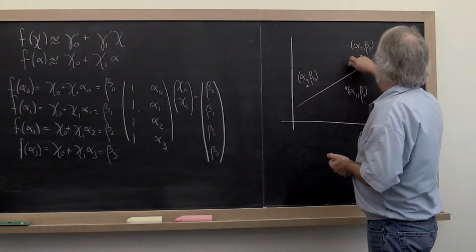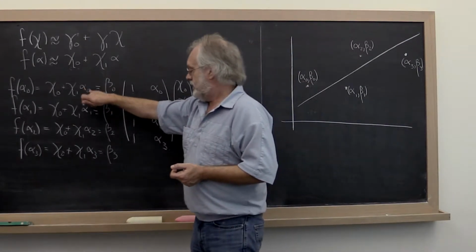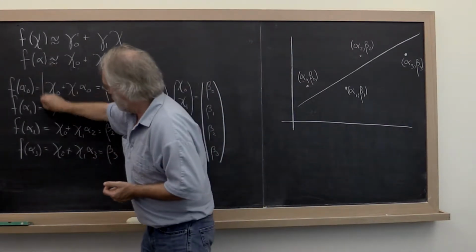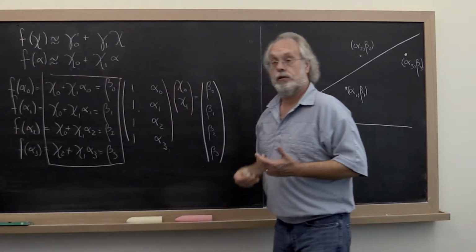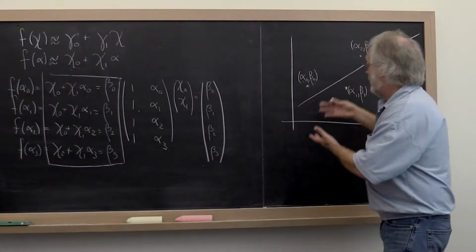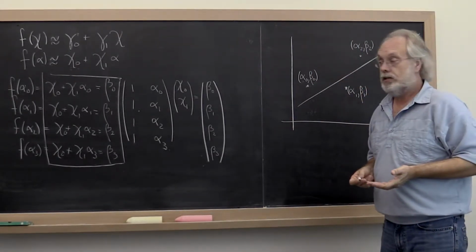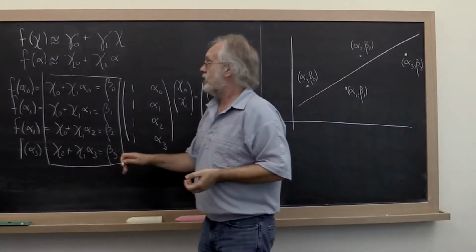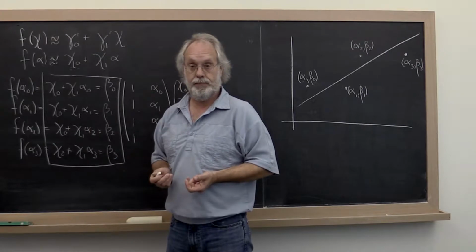If we could go exactly through all of these points, then these 4 linear equations right here would all be simultaneously satisfied by the solution. Now, again, eyeballing this, we're not going to get it exact. And therefore, the best we can hope for is finding the coefficients that best fit the data.